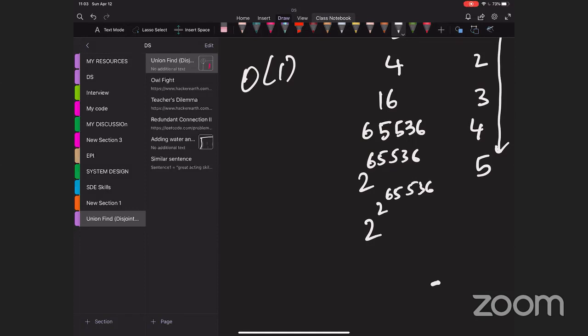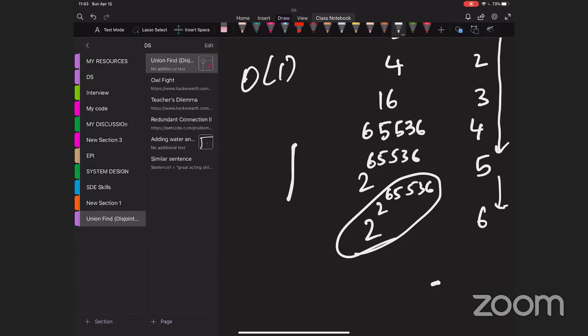Every time it goes from 5 to 6, the previous value becomes the power. So this is too big a problem to even have right now. If you do have that problem, you can still go up by 1.